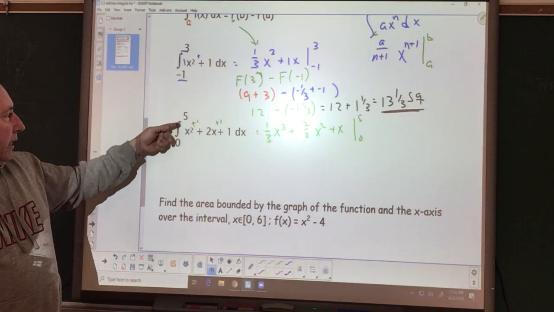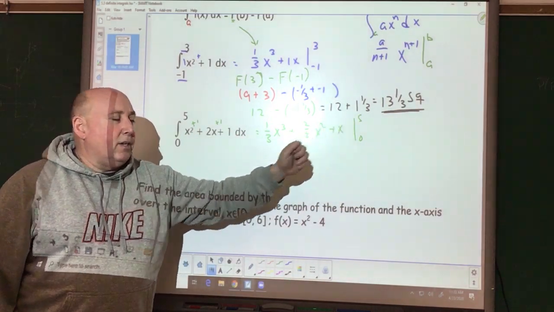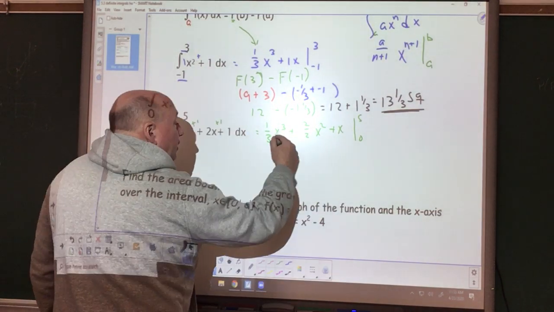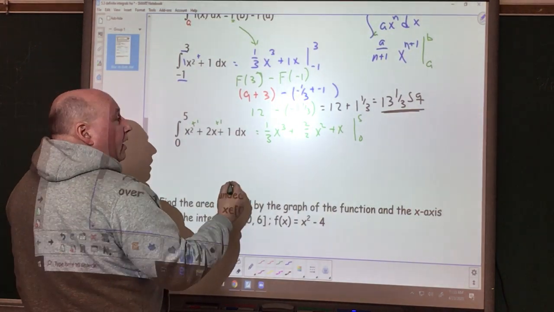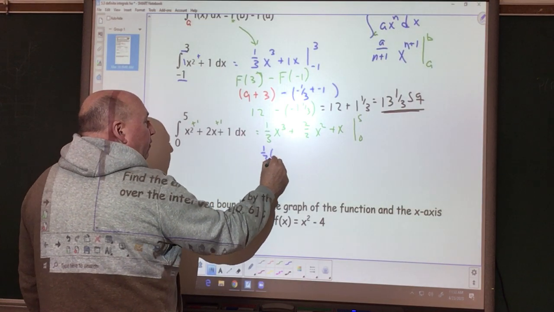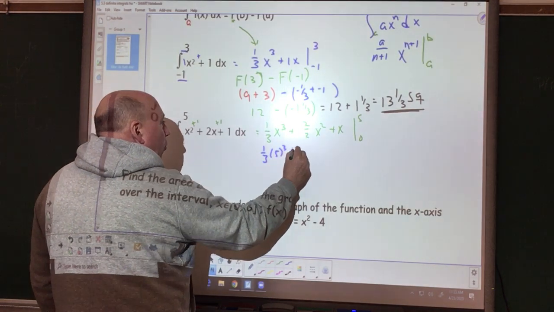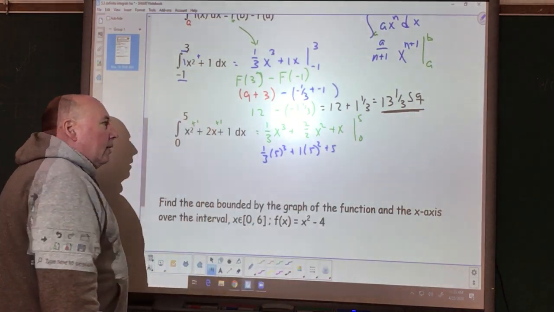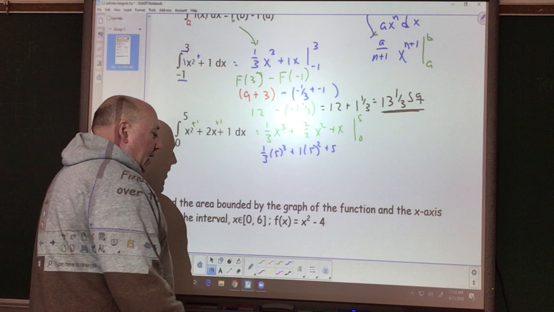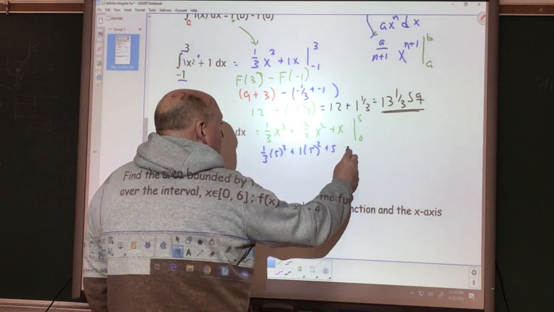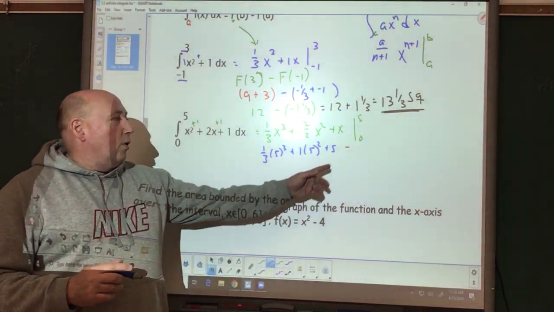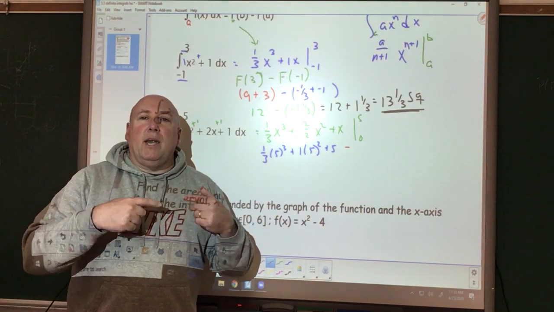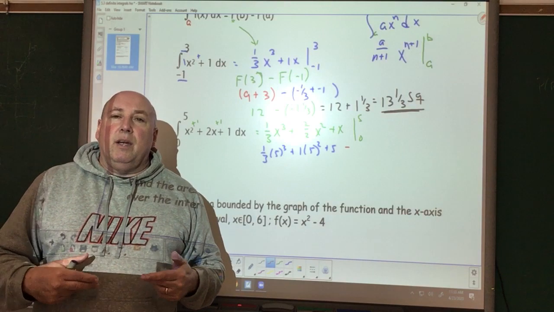Okay, and we want to put, once again, our limits of integration at the very end here. Tells us what we have to evaluate. So we first evaluated a value of 5. So we have 1/3 5 cubed plus 1 times 5 squared plus 5 minus, well, it's really nice when one of my limits of integration is 0, because when I integrate, I will always get an x variable in there.